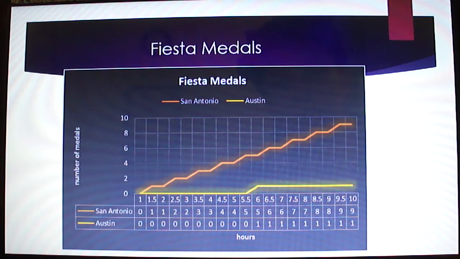So in order to compare them equally, I had to determine, based off the amount of time it takes to produce a minimum order in a 10-hour workday, and then calculate from there how many they would make and how many it would take them to make 25 in one day.